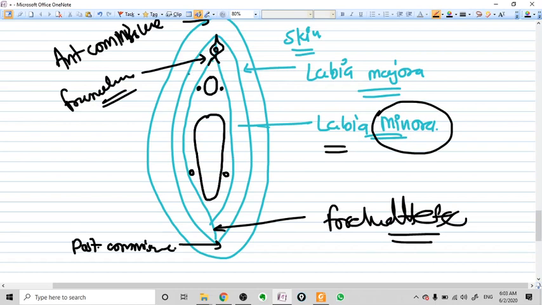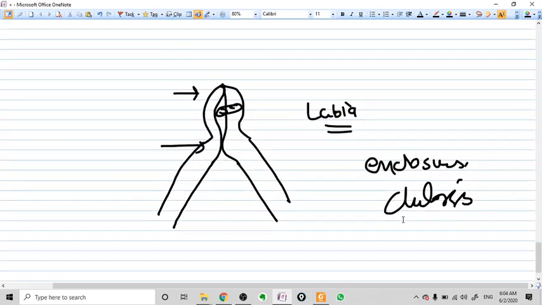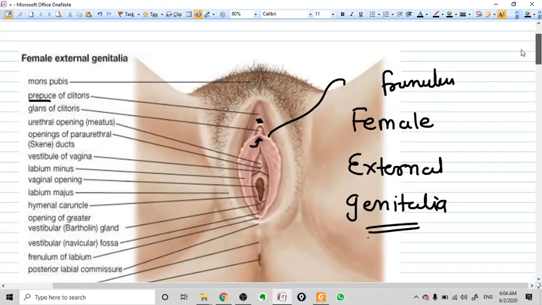So this triangular space, which has the urethral opening, vaginal opening, and both of these glands opening, is called the vestibule. So vestibule is not per se a structure, it's an area, a triangular area in which these openings are there. That's how we define the vestibule.